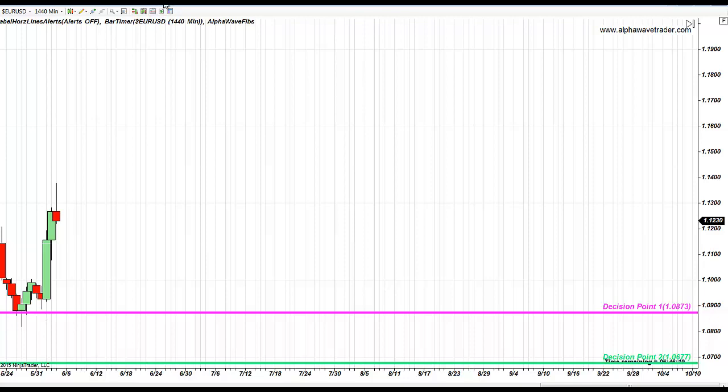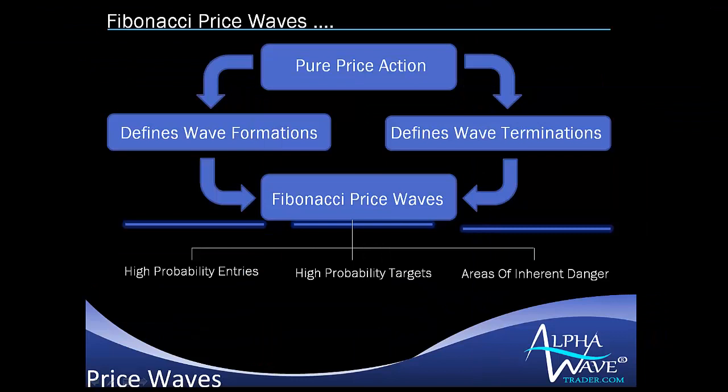Is this a good time to buy euro? Absolutely not. Bullish rally overextended. Bullish rally in reversal zone. Absolutely no long entries on euro at this level. This is where euro currently is on the daily chart.